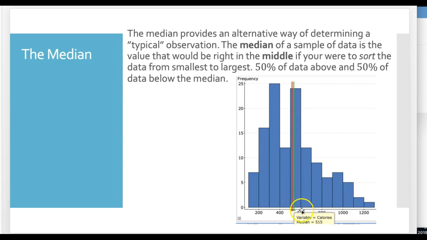The median here would be 515 calories, whereas the mean was around 530 or 40 or something like that. It was a much larger value. Okay, so these appear to be close together, but in the scale there's quite a difference between the mean and the median. So going back and looking at these examples, maybe we should be looking at the median more instead of the mean.